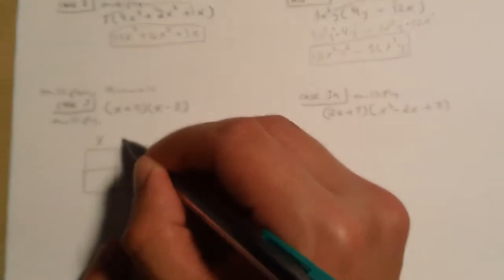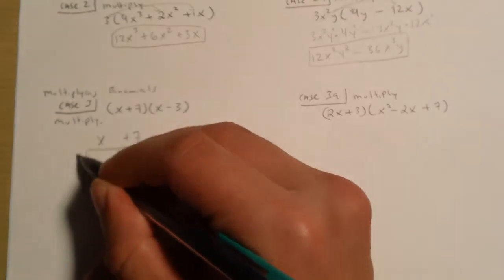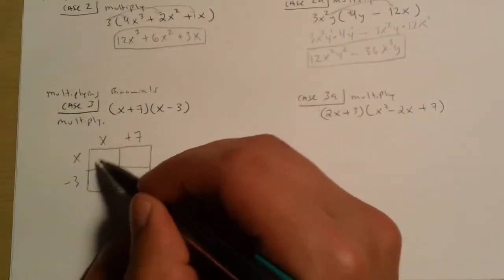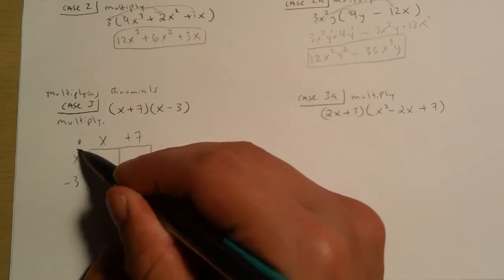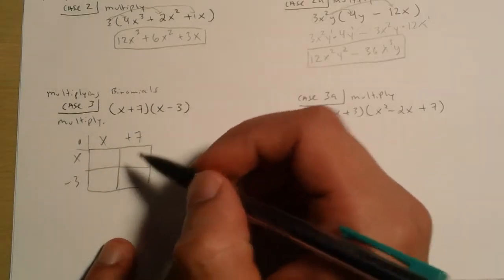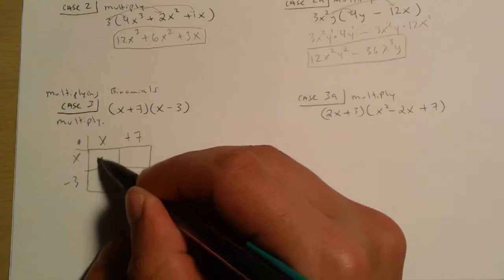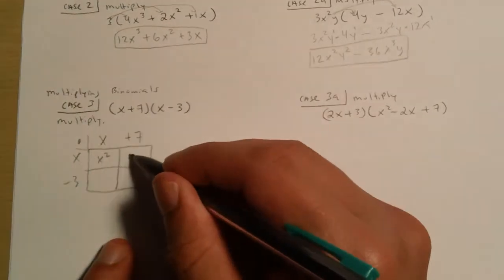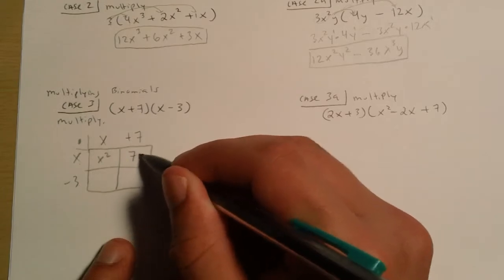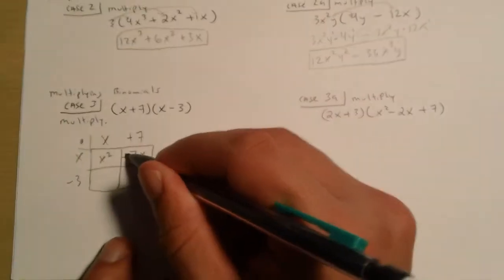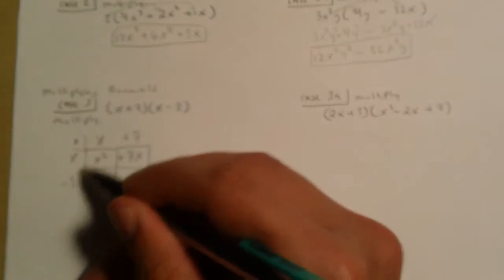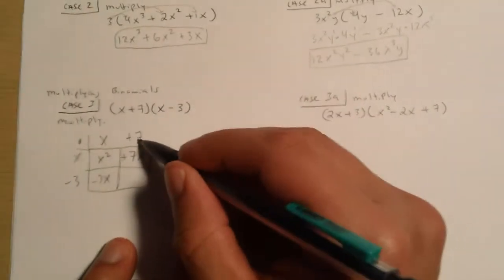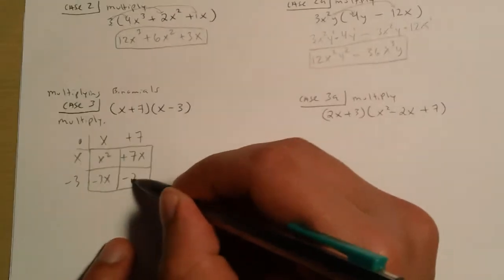We'll have x plus 7 and x minus 3. With the box method, we're just multiplying. x times x gives you x squared. x times 7 gives you positive 7x. Negative 3 times x gives you negative 3x. Negative 3 times a positive 7 gives you negative 21.